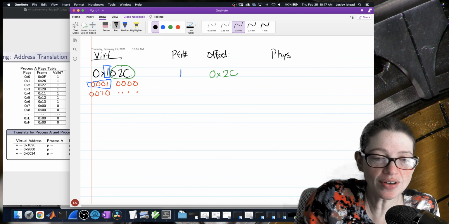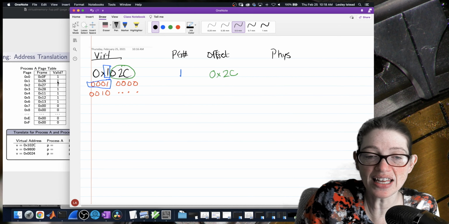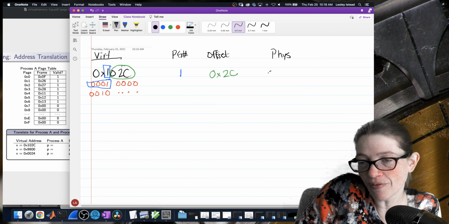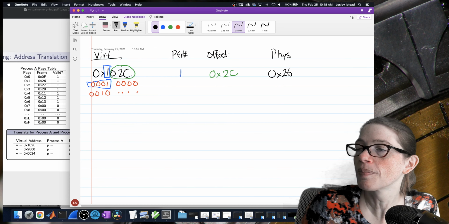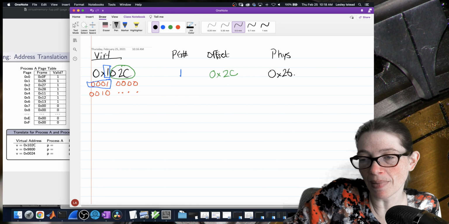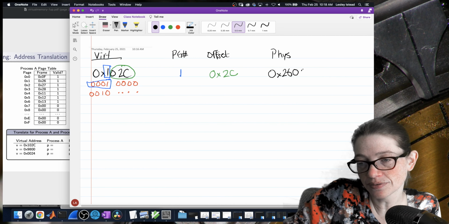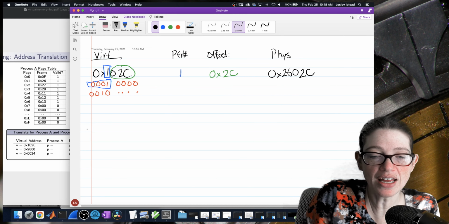So now what I'm going to do is I'm going to look up page 1 in my page table, and I see that it is valid. And so I'm going to drop my frame number in, just like this. And then I'm going to drop my offset. Ta-da! We have translated the first address.